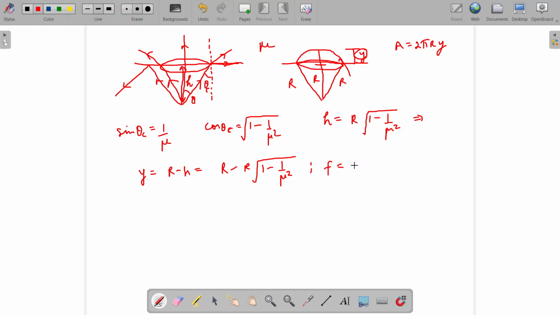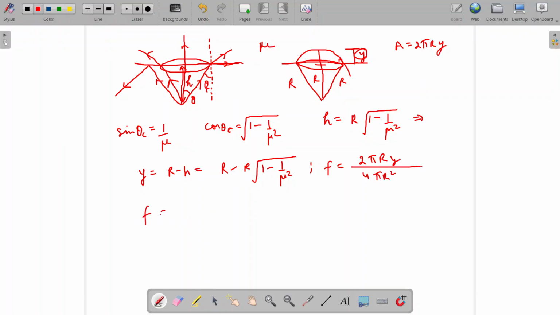Then we want to know what fraction of area, or what fraction of light, is going outside. So it is the area of the gap, that is 2 pi r y, divided by the total area, that is 4 pi r square.